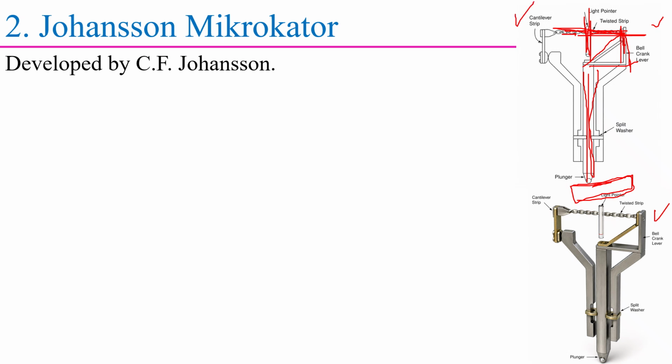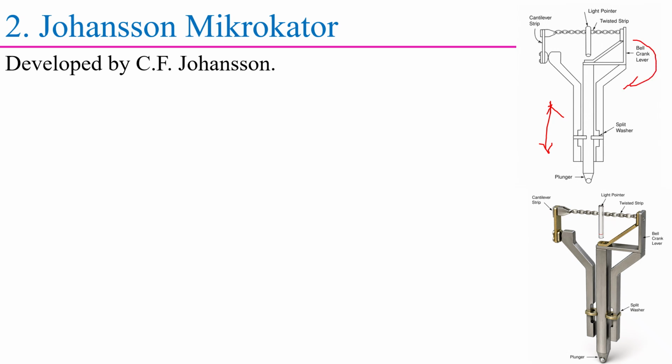The main mechanism of this instrument is that linear movements occur in the plunger because of the variations between the workpiece and the standard one. In this regard, this linear motion is rotated by the bell crank lever and this rotation causes twisting in the twisted strip.